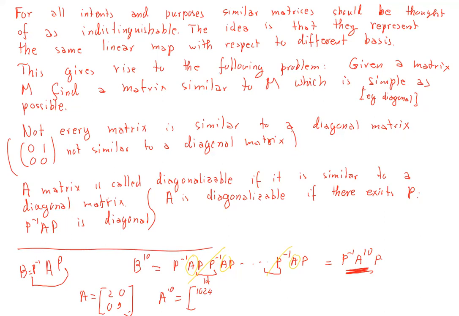And 3 to the 10th is what? 3 to the 7th is 729. 729 times 27 is how much? Oh boy. Is 19,683. So you're going to get this.